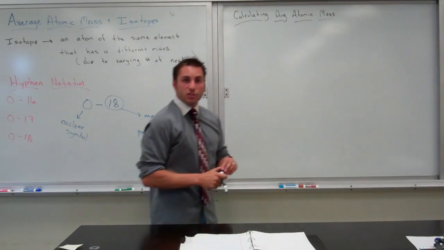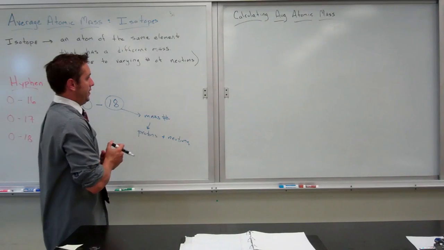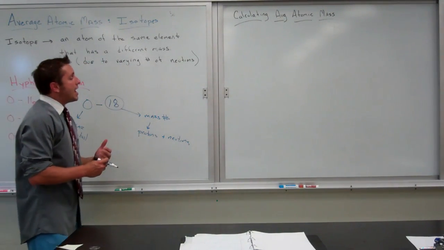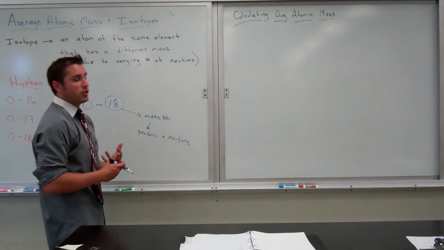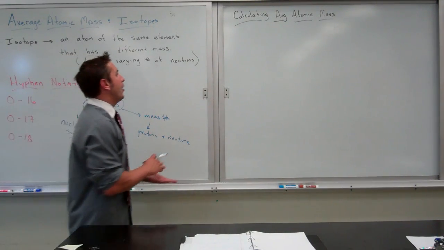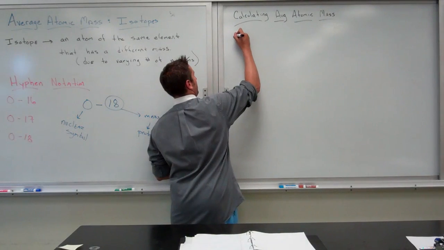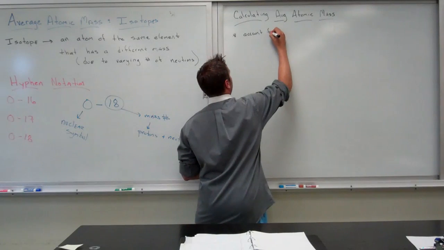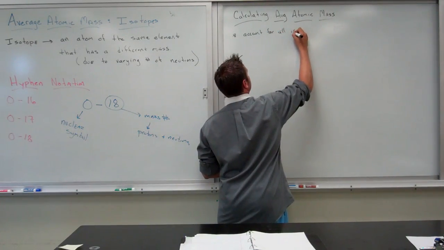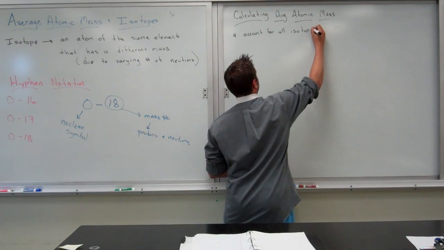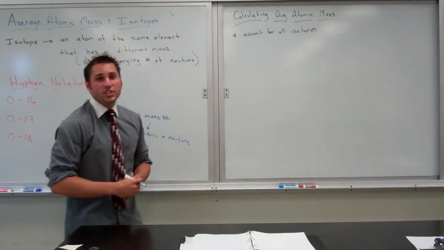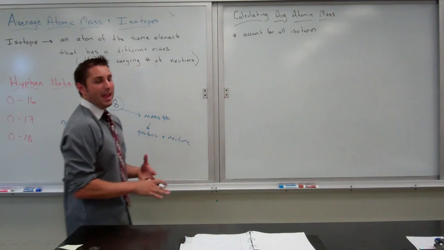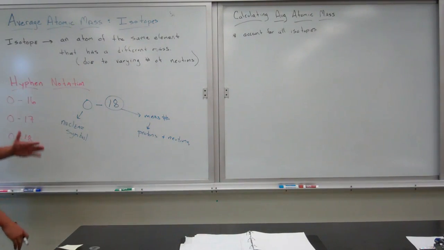And remember, the average atomic mass is the decimal number on the table. So I said it relates to this idea of isotopes. If I am going to calculate the average atomic mass, I need to account for each isotope. The catch is that the isotopes may or may not be equal in proportion.